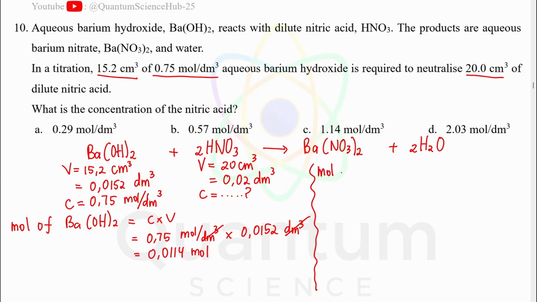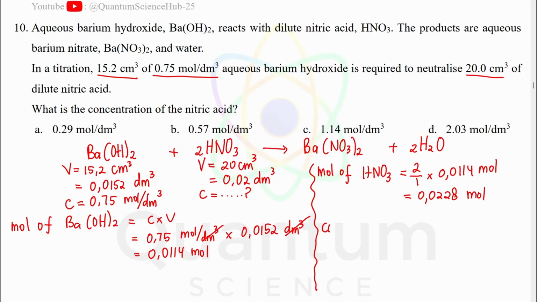Next, we find the mole of HNO3, nitric acid. Okay, so the ratio here is 2:1, right? So 2 out of 1 times the mole of the reference, which is 0.0114 mole. So this equals 0.0228 mole.